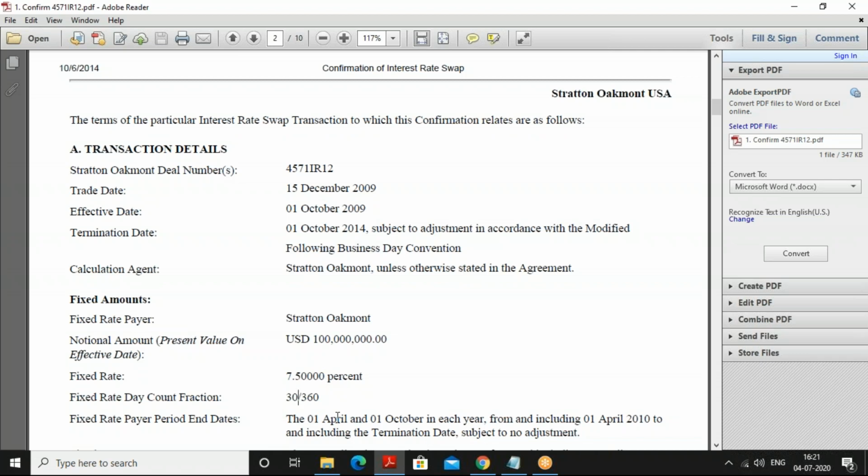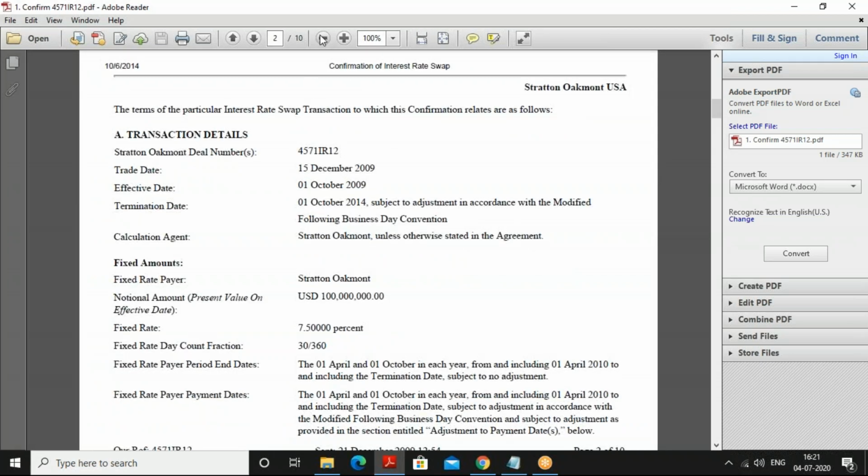And the payment period is 1st April and 1st October of every year. This is basically the details of the transaction. Is this okay with everyone?